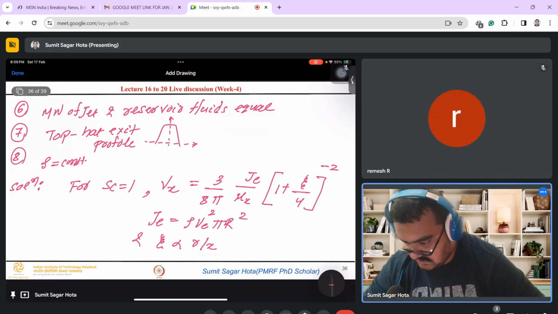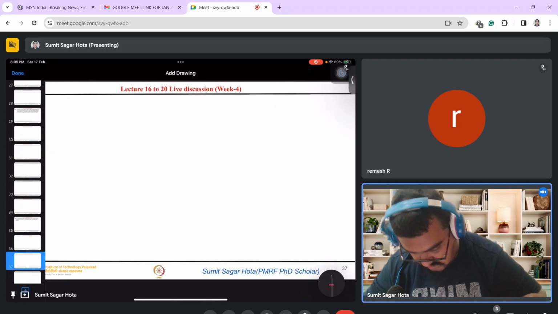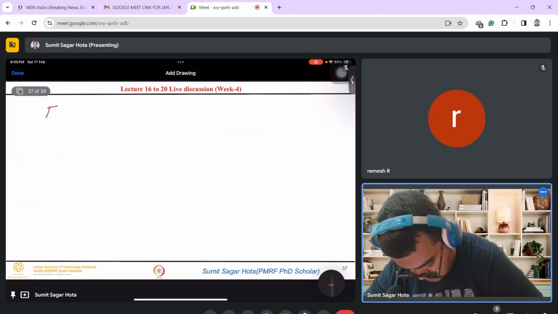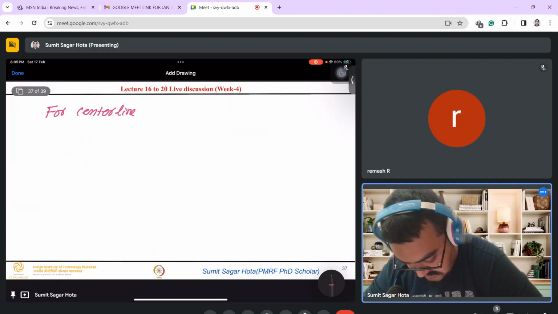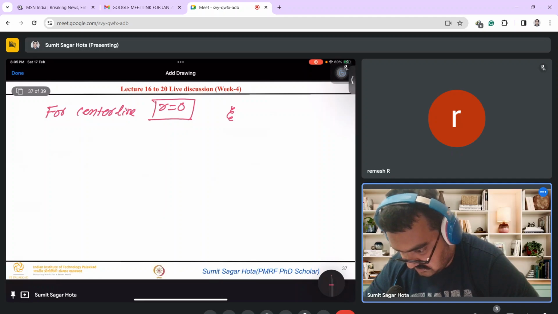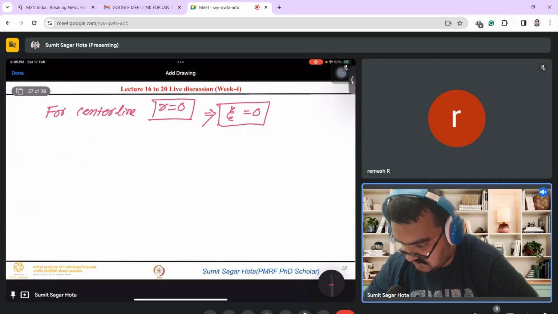This has very little rho, and 99% of the time this term is not there, or mostly we take it as 0. For the center line, r is equal to 0, and mostly if r equals 0, this term equals 0.